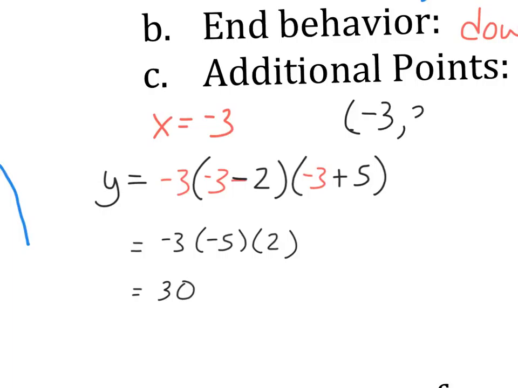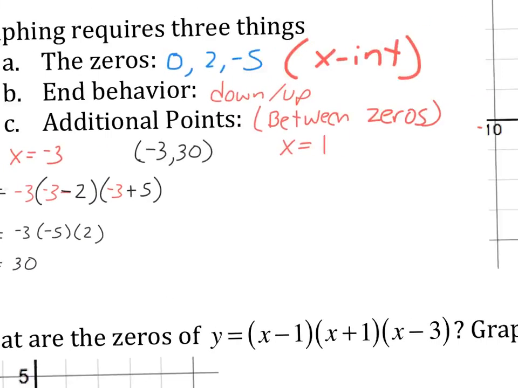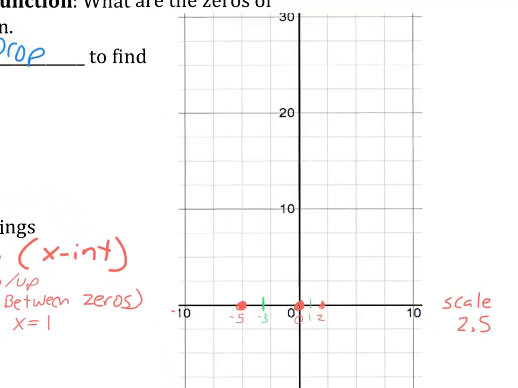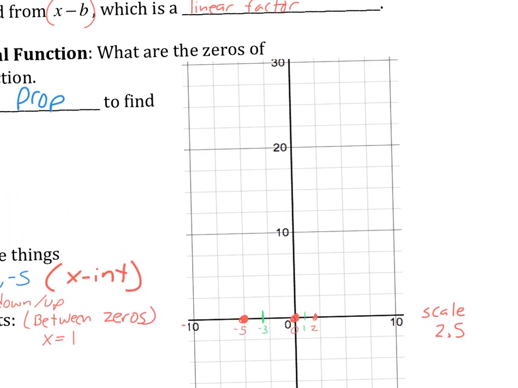In other words, in between these two zeros right here, my function shoots up quite a bit, all the way up to here. The function shoots up quite a bit.